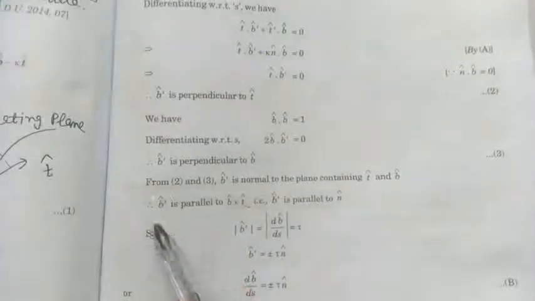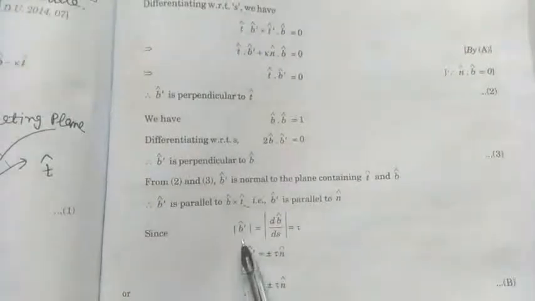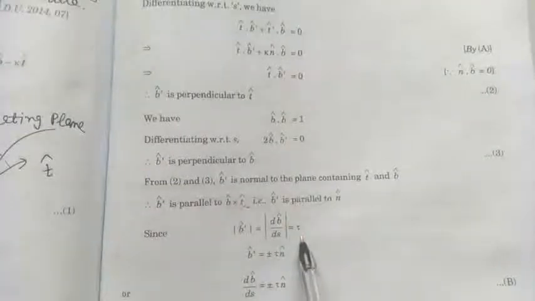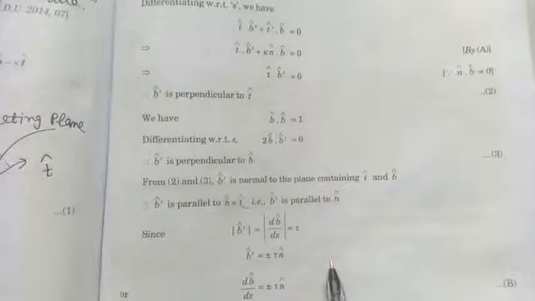Now we find its magnitude. By definition, the magnitude of b cap dash is the torsion. So this is the magnitude and the direction is along n cap. So we can write this vector b cap dash is equal to plus minus tau into n cap. Now, dash means derivative with respect to s.